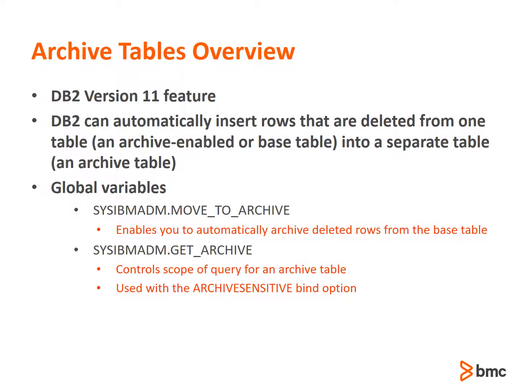If you set SYSIBMADM.GET_ARCHIVE to Y, references to an archive-enabled table will include rows in the associated archive table. Conversely, if the SYSIBMADM.GET_ARCHIVE is set to N, then references to an archive-enabled table will not include rows in the associated archive table.